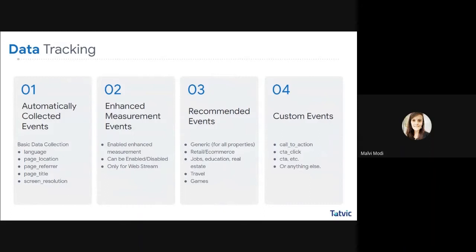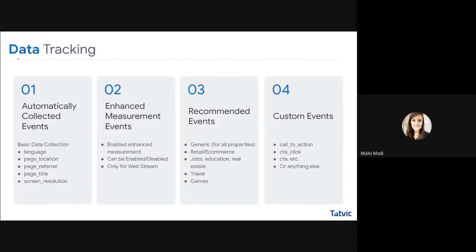When I talk about automatically collected events, there's language, location, referrer, title, screen resolution. These are automatically collected. Enhanced measurement has a different feature, where we are tracking things like scroll or file download, which are already there but have been enhanced as measurement events.